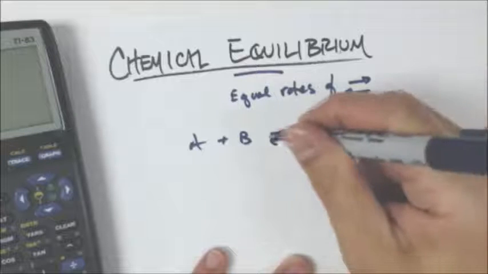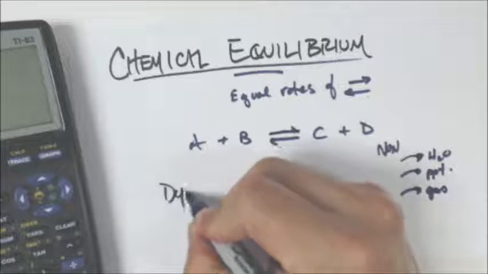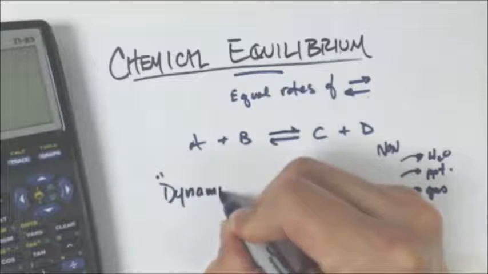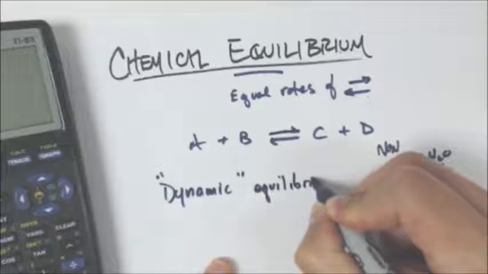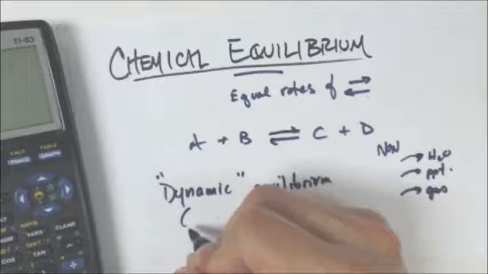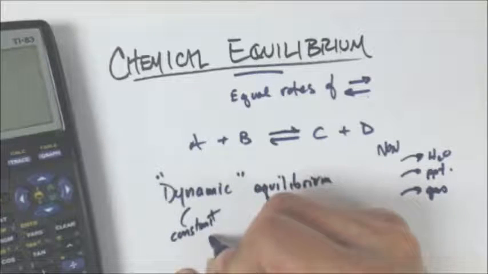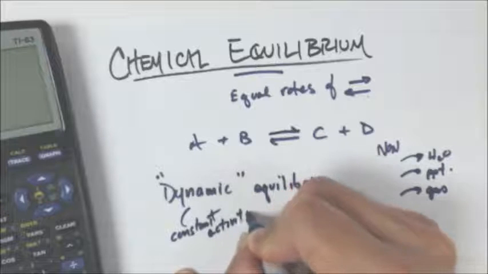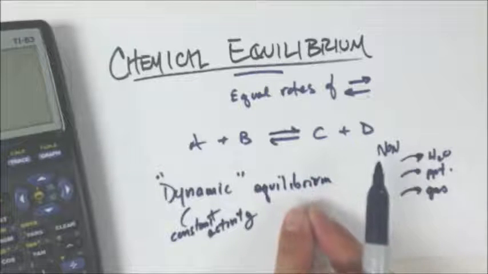When they get to this point where they've reached equilibrium, it's often referred to as dynamic equilibrium, because dynamic means constant activity. What that implies here is that the reaction of A and B to C and D doesn't stop once it gets to equilibrium.